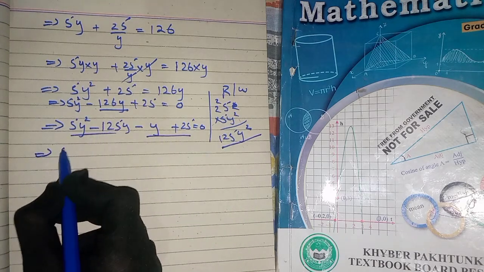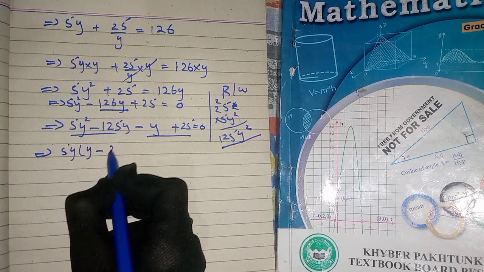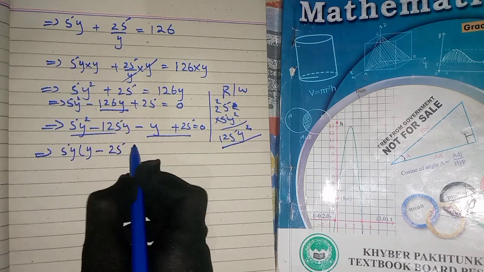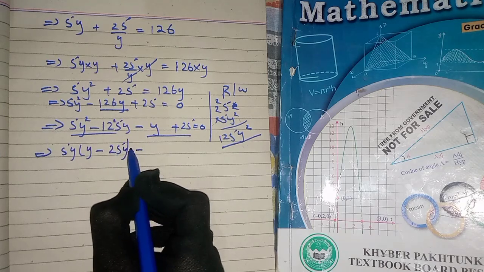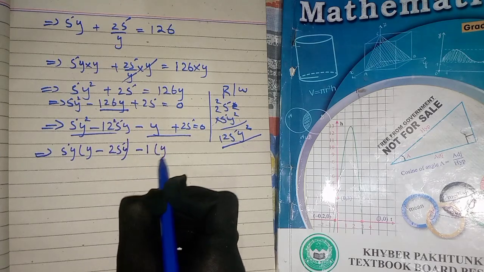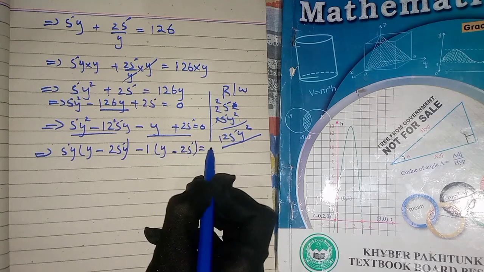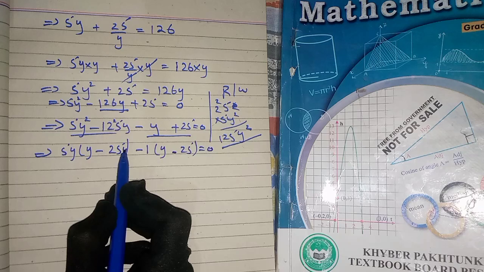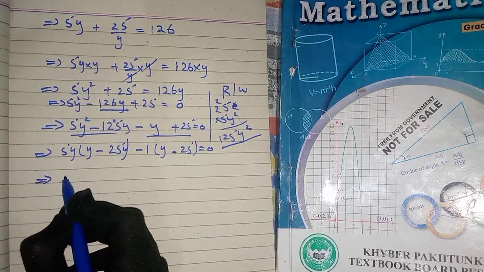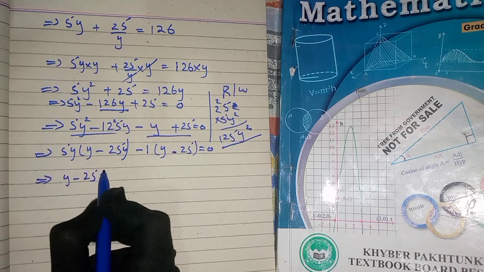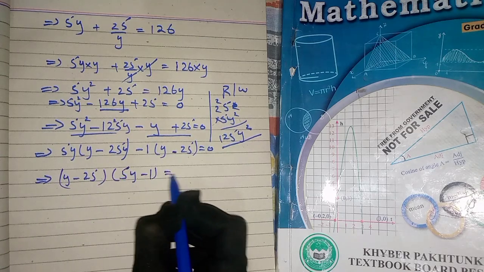Here 5y is common, y minus 25. Minus 1 is common, y minus 25. Now we write same two terms one time. Y minus 25 into 5y minus 1 equal to 0.